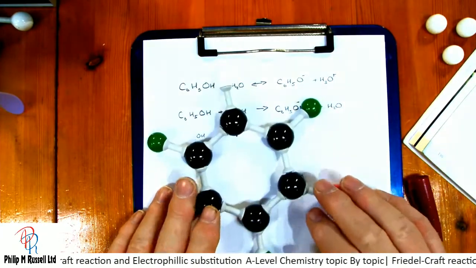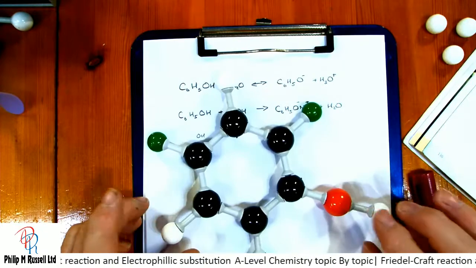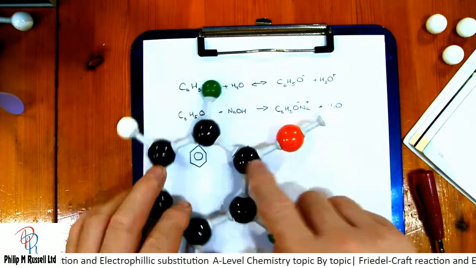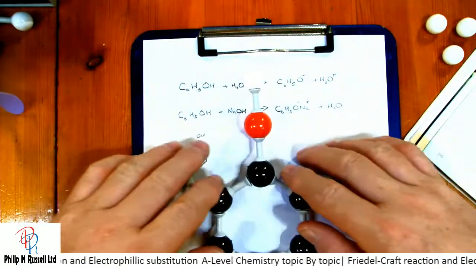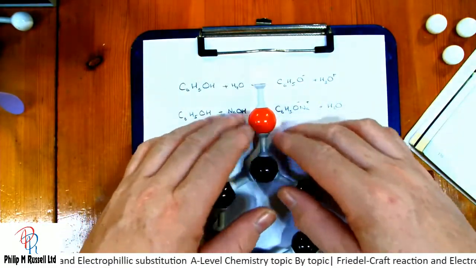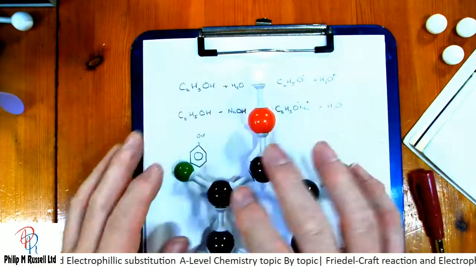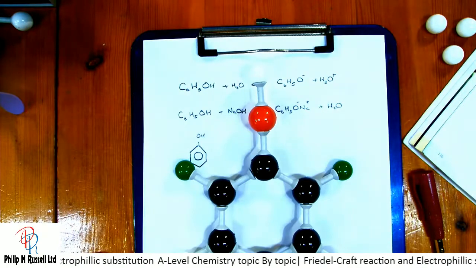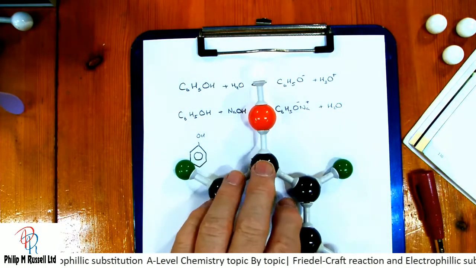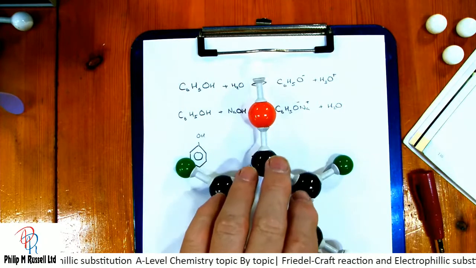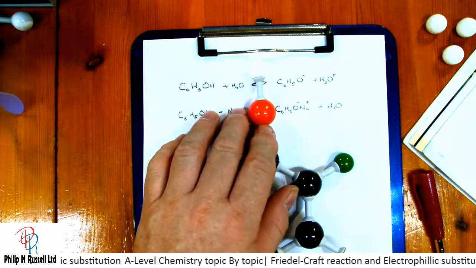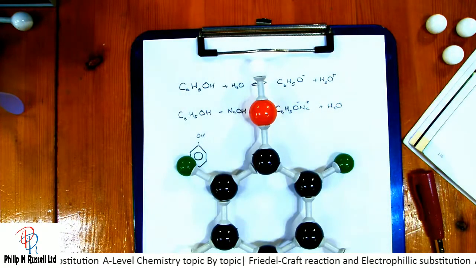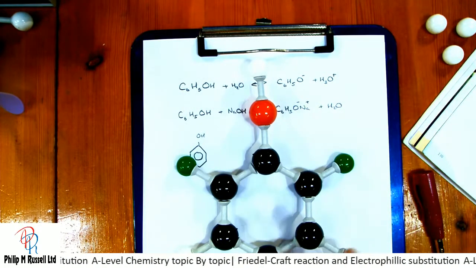So our reactivity: we find that phenol is more reactive than benzene. This is due to this extra lot of electrons that are pulled out towards the oxygen, making this ring slightly more reactive. So these p orbital electrons from the oxygen are added to this delocalized structure, and it makes it more nucleophilic.